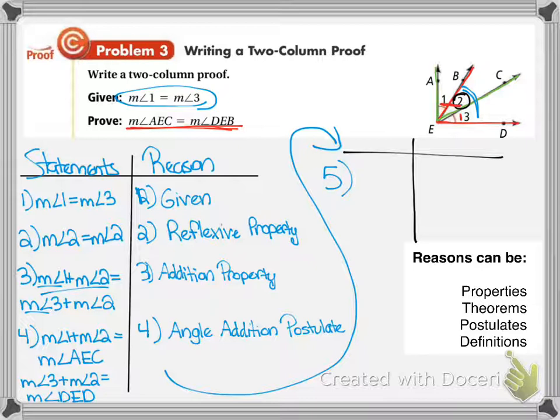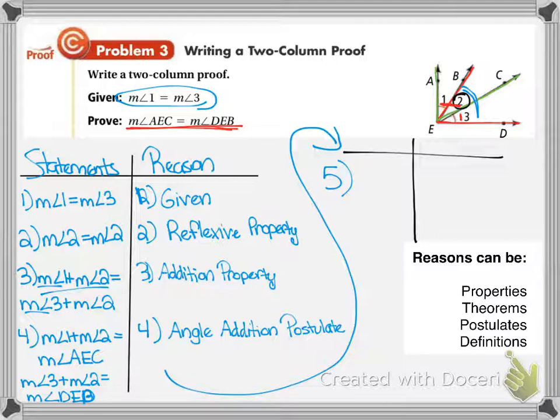So now I have that the measure of angle 1 in step 3 plus the measure of angle 2 equals the measure of angle 3 plus the measure of angle 2. Then I came down to number 4 and said that 1 plus 2 equals AEC, and 3 plus 2 equals DEB. Sorry, I don't know why I put D there.